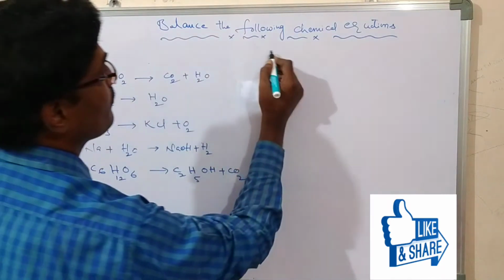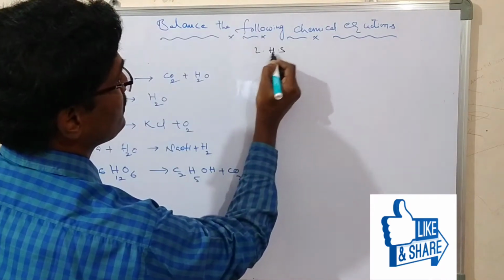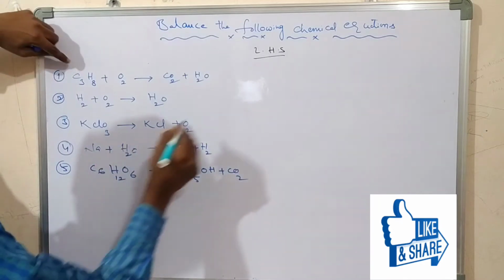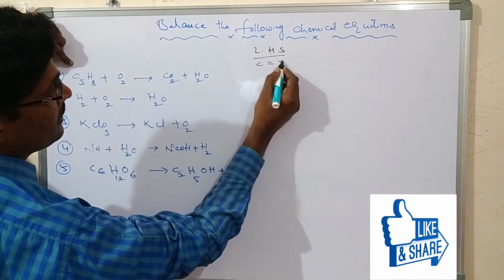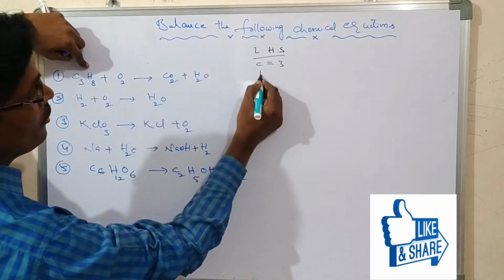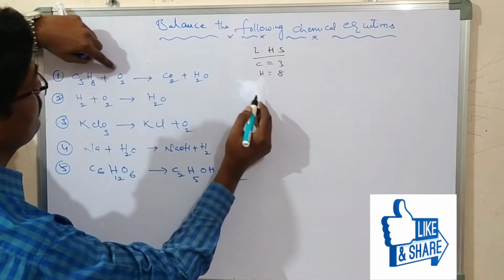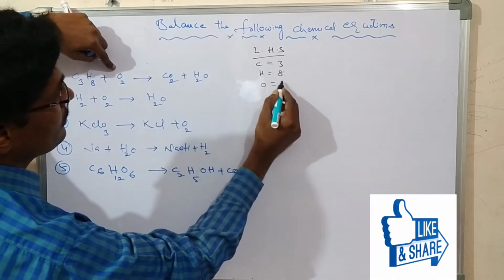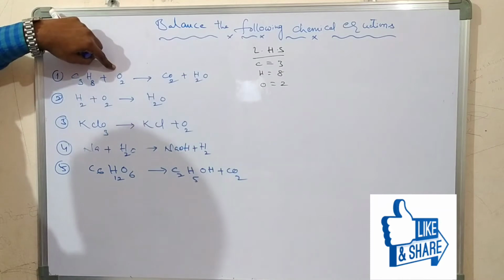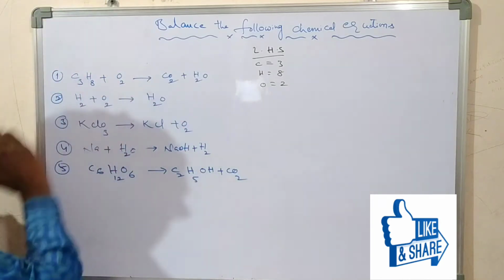On the LHS, how many carbons are there? 3 carbons. How many hydrogens? 8. How many oxygens? 2 oxygens. These are the LHS.